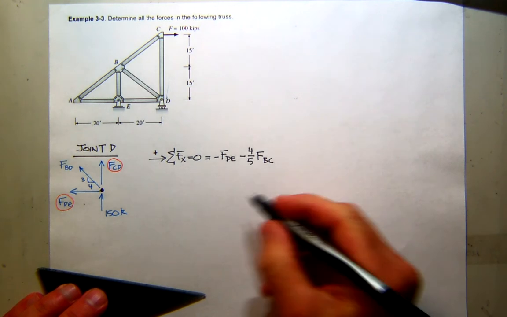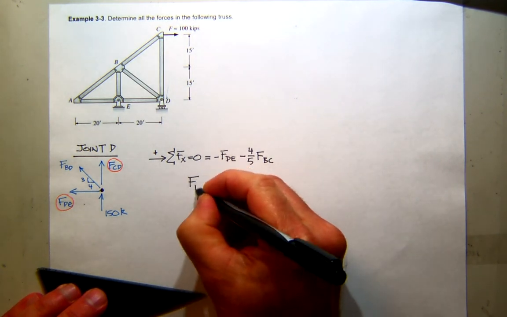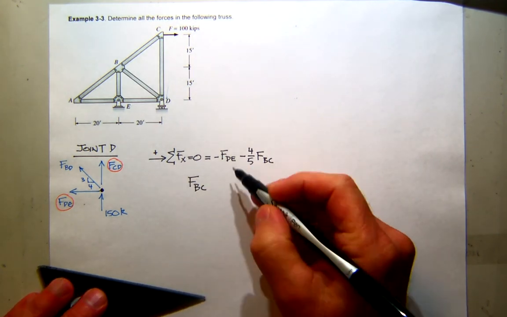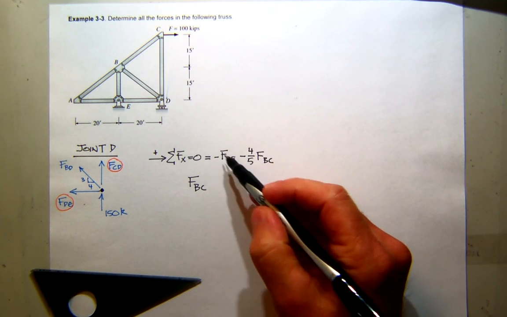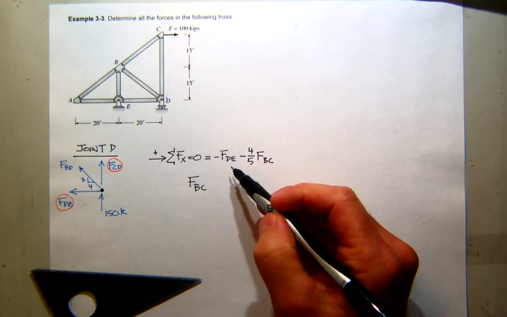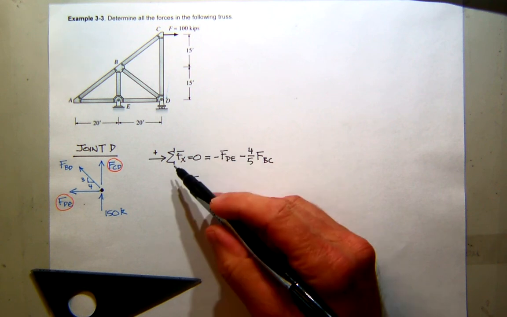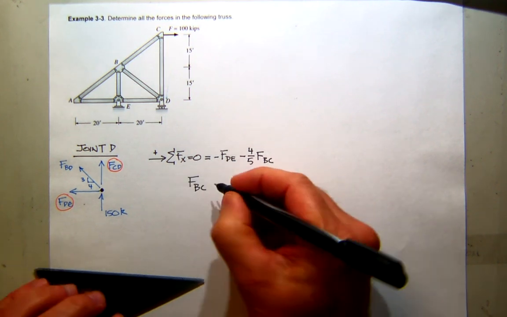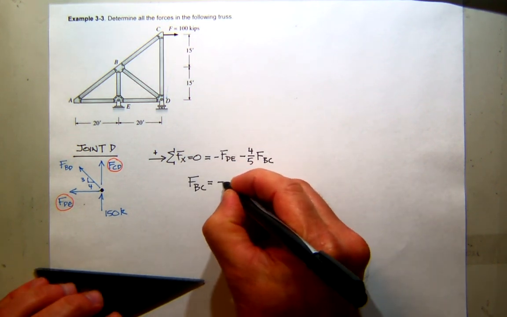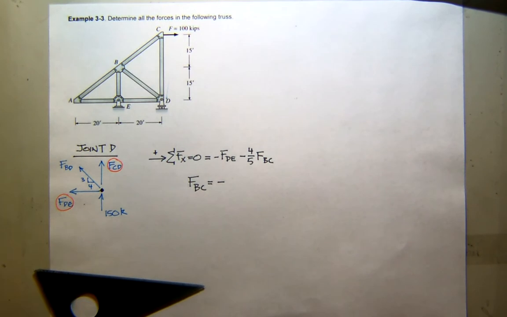So solving for BD. Let's see. What did I find for DE before? I think it was positive 100. Yep. So I plug my positive 100 in there, move it to the other side. So it looks like BD is going to be negative. And 125? Yep.